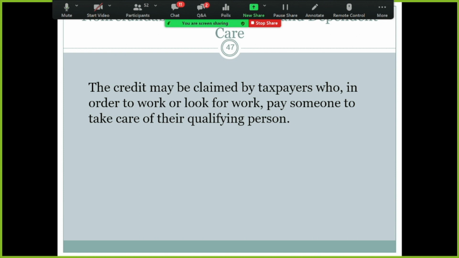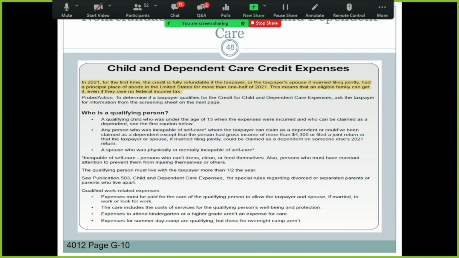But the child and dependent credit may be claimed by taxpayers who, in order to work or look for work, pay someone to take care of their qualifying person. But there are stipulations.